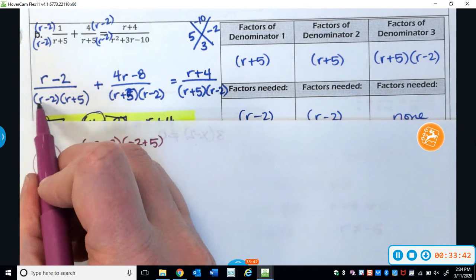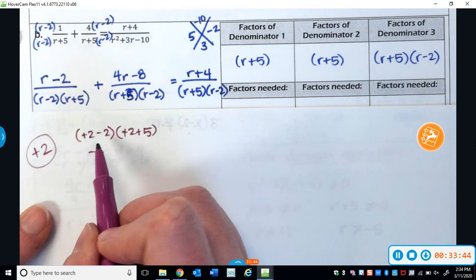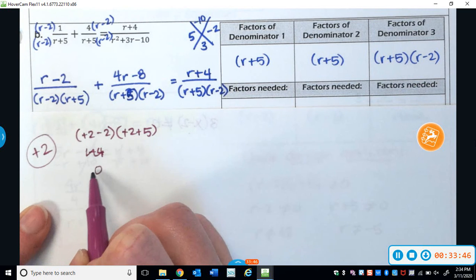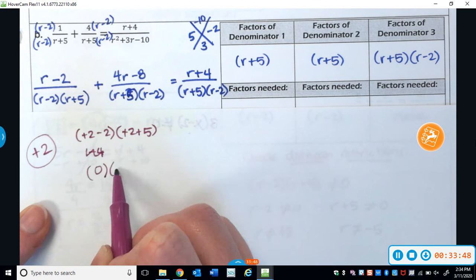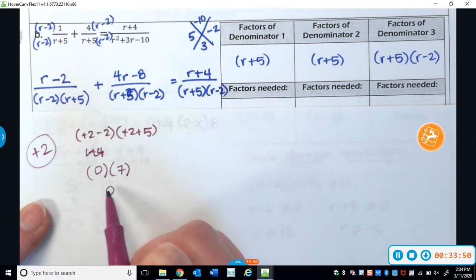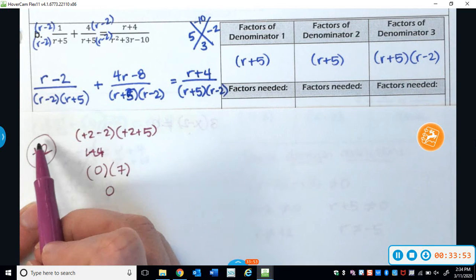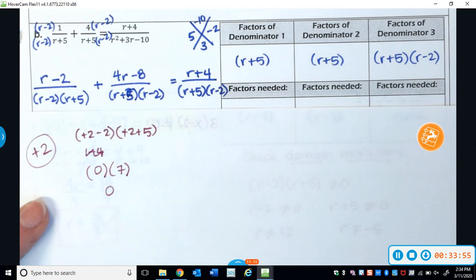So when I replace these r's with positive 2s, positive 2 plus negative 2 gives me 0. 2 plus 5 gives me 7, and when I multiply those together, I get 0. So this positive 2 made the denominator 0, so that's not going to work.